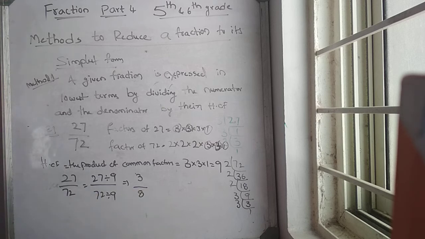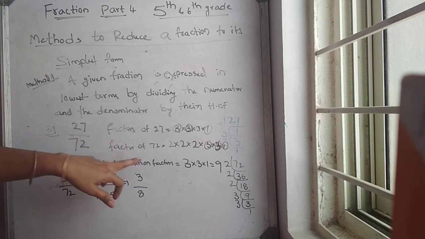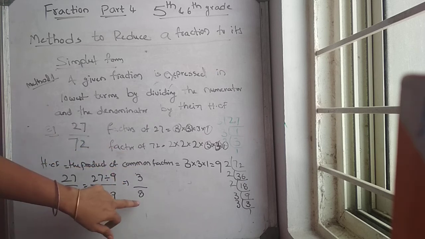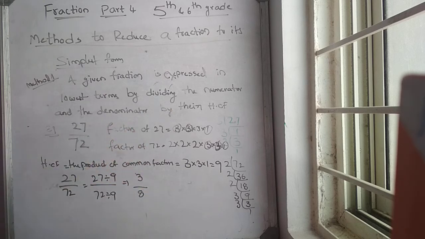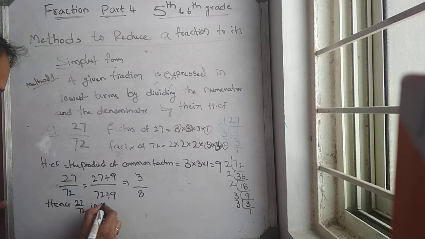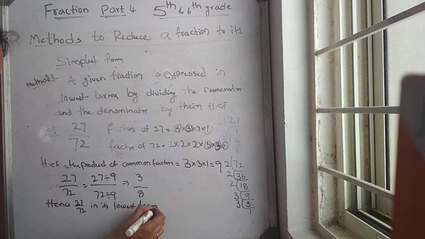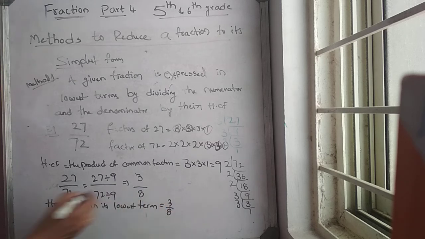Sorry, for 27 by 72, you will get its lowest term as 3 by 8. Now clear, right? This is the lowest term of the given fraction. So the conclusion you can write here: hence 27 by 72 in its lowest term equals 3 by 8.